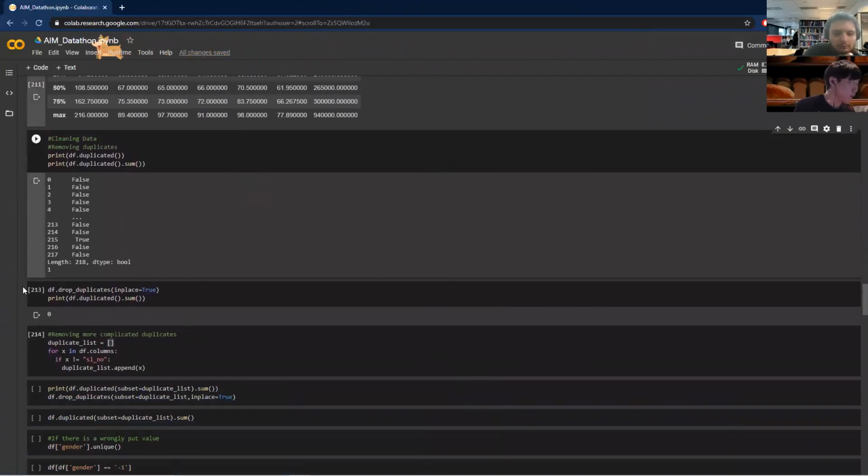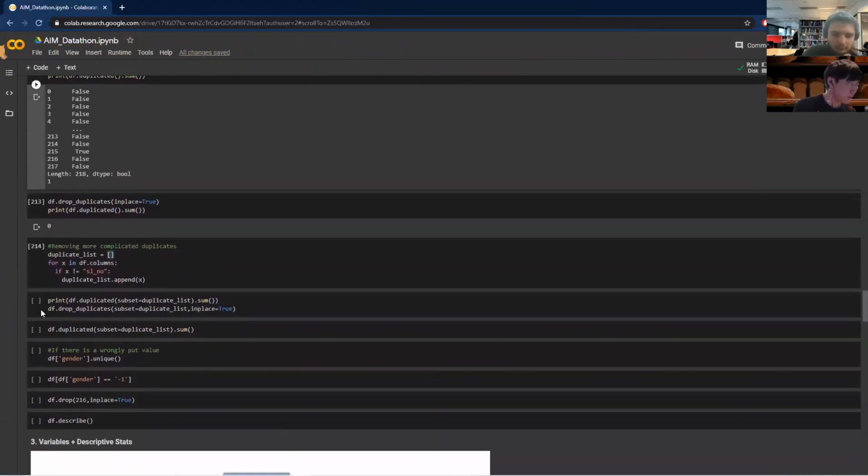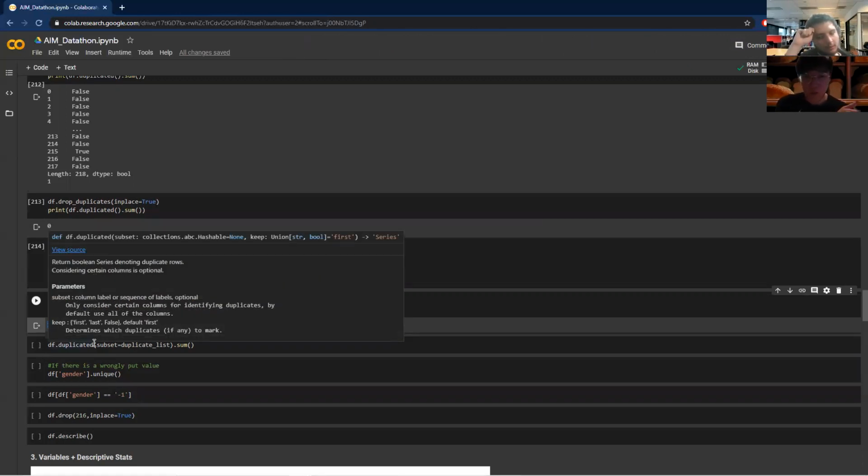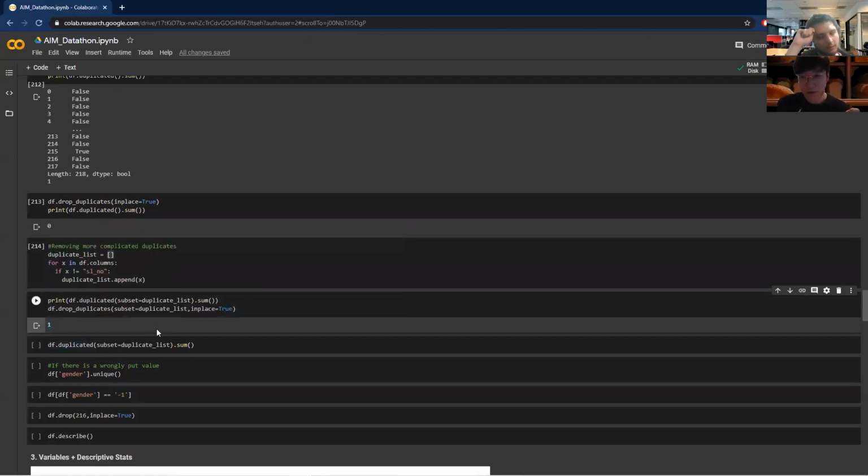Then I'm going to look for duplicates that match everything except the serial number. Basically, ignore the serial number and look at all the other columns, and if they all match exactly to another row, then you mark it as a duplicate. And that's what it's done. Once again, it's found one duplicate, so we know that this is probably a wrong value.